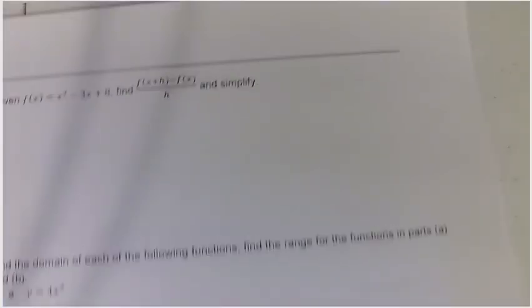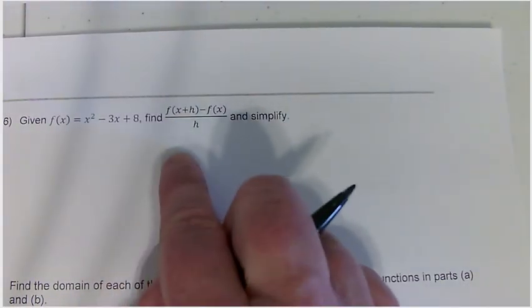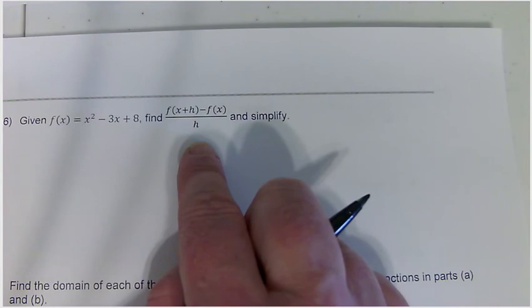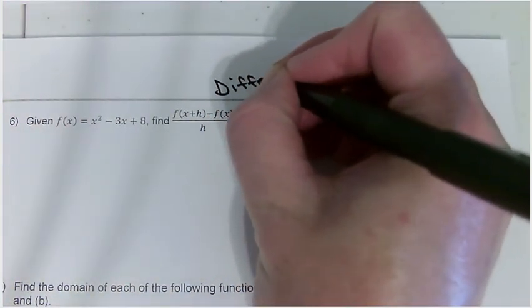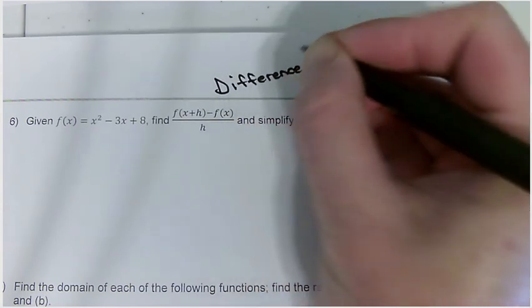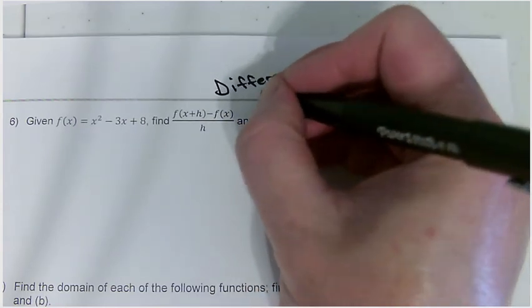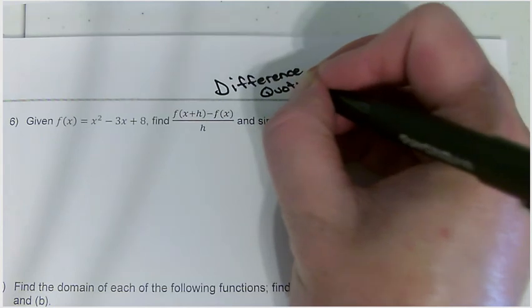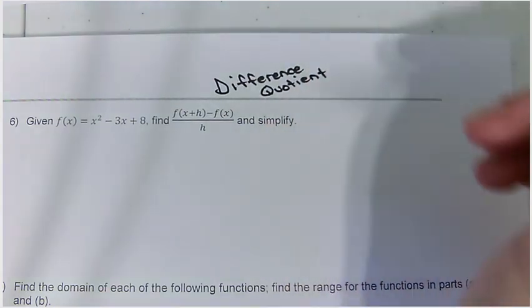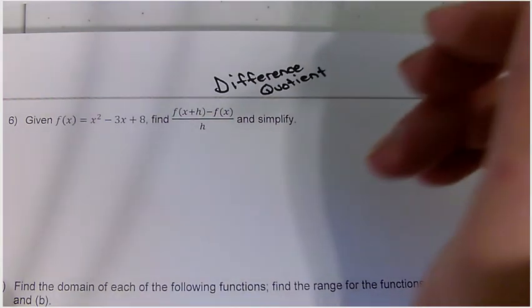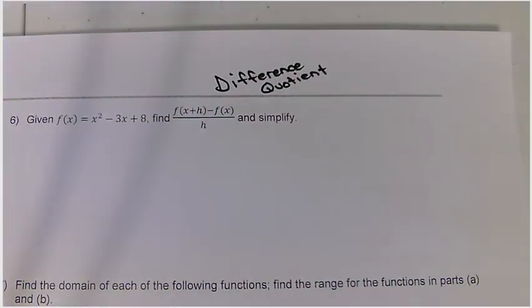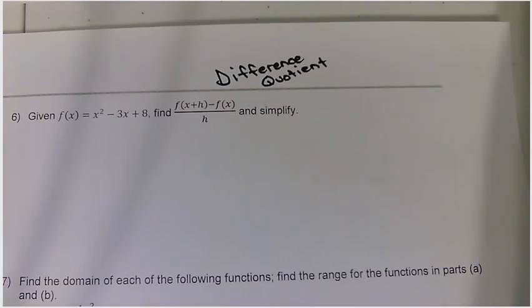All right. Now the next thing we're going to do is a special pattern called the difference quotient. And it's just simplifying, really, all we're doing. Now I need to break this down into what I need to find to be able to plug in.